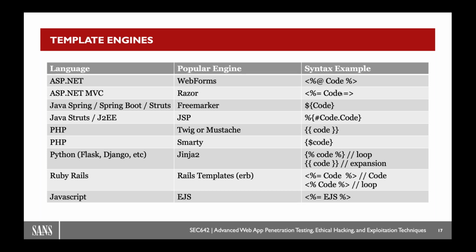Now, if you look very carefully on the screen, you're going to see the reusability of particular characters inside of a template engine. Commonly you might see a curly brace, or two curly braces, or percent, the $ sign, the @ sign, or percent equals. So all of these things are potential, right?